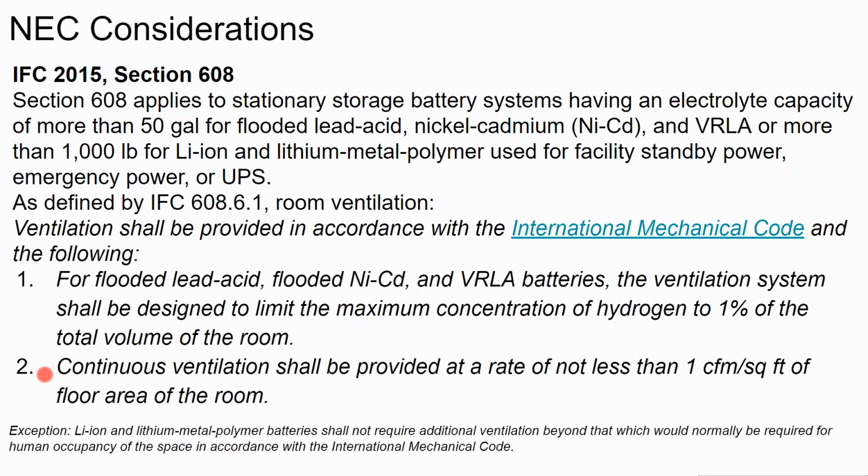A lot of it used to be not IFC, when you didn't have this continuous ventilation. You could just have a fan click on and off to make sure the hydrogen gas in the room is less than 1% of the volume of the room. Then IFC came back in and said, well, actually, we want to make sure that you're not trying to push the limit. We want you to continuously vent.